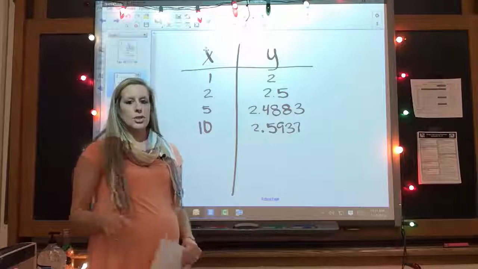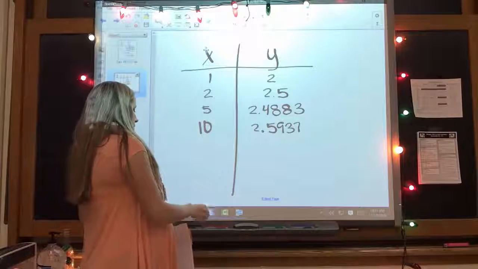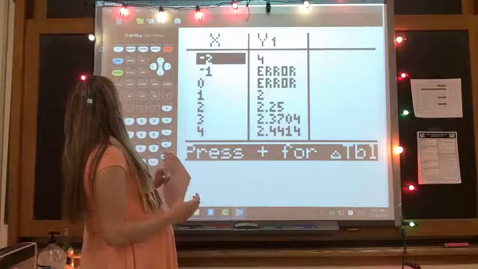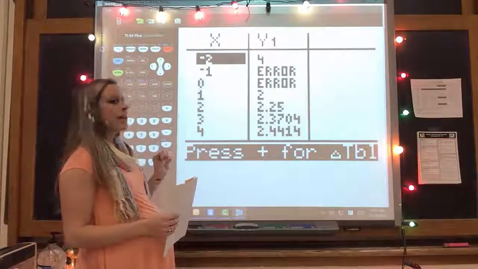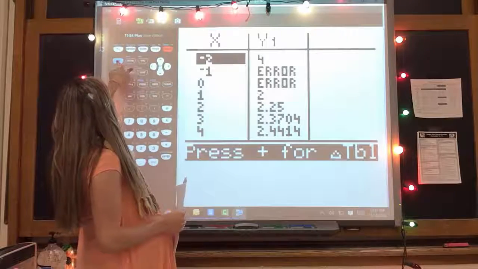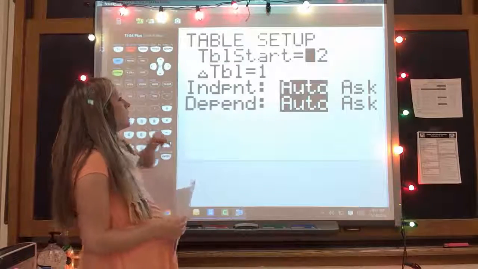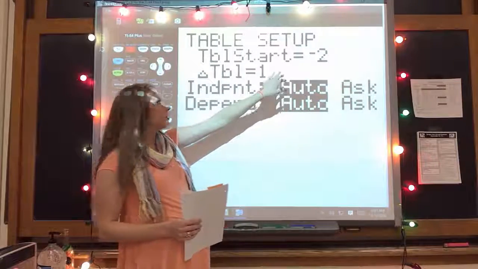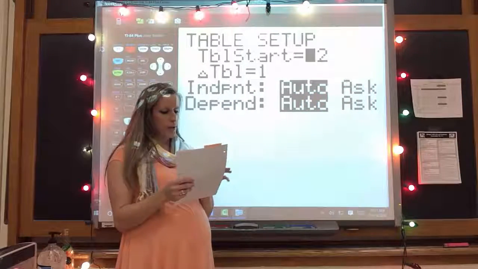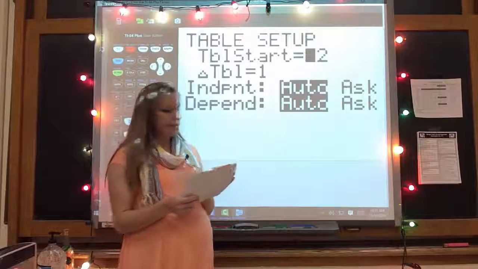So instead of just scrolling down the whole time, what you can do, do y'all see table set written in blue above your window button? Press second window, and you can change where your table starts. So we want to know when x is 100 what our y is.